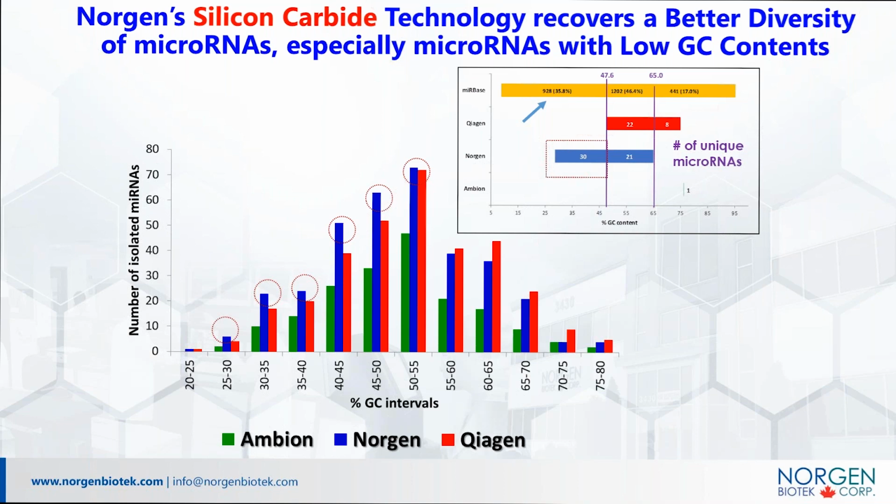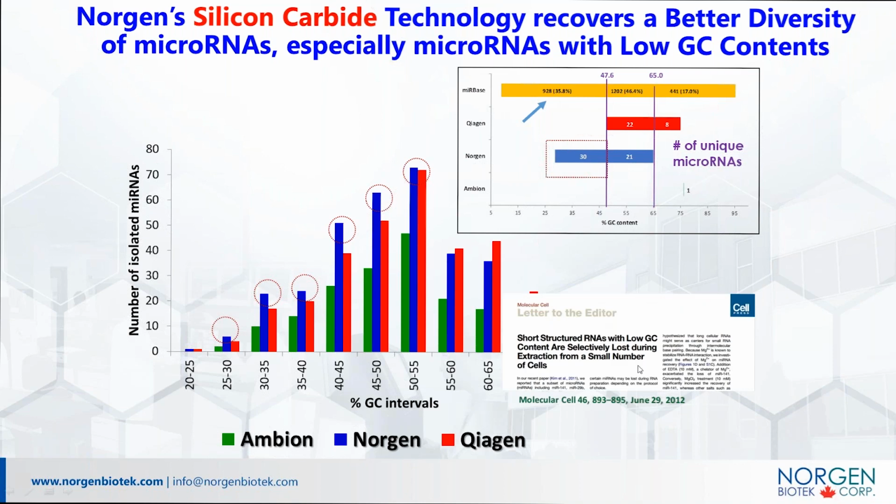You can see that Norgen captured 30 unique microRNAs with very low GC percentages, whereas the competitors' silica-based columns didn't recover any of the sequences with low GC content. And this is in full agreement with the publication that mentioned this.